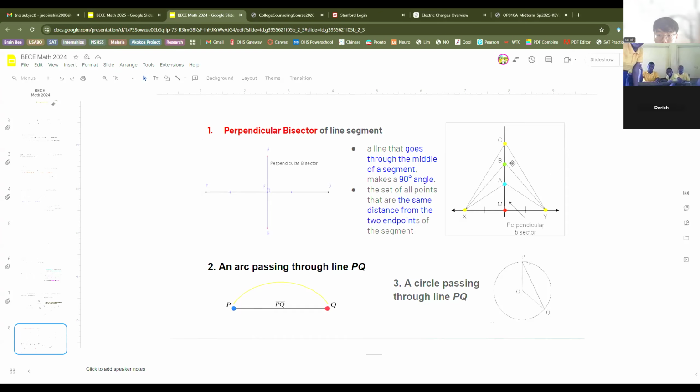Yeah, the graph question. Sorry, which one?